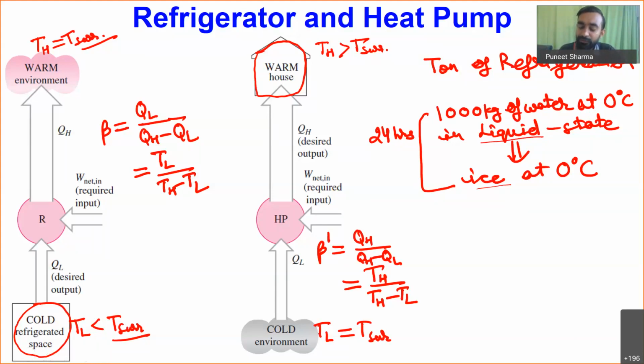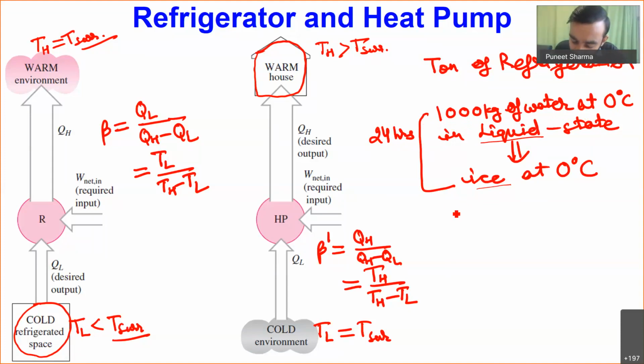That amount of heat should be equivalent to the heat of fusion of that substance. So if I take out the amount equivalent to heat of fusion, then my 1000 kg of water will be converted into ice. And if I do this process in 24 hours, then whatever the rate at which I have to take out the heat from water, that rate we define as nothing but our tons of refrigeration.